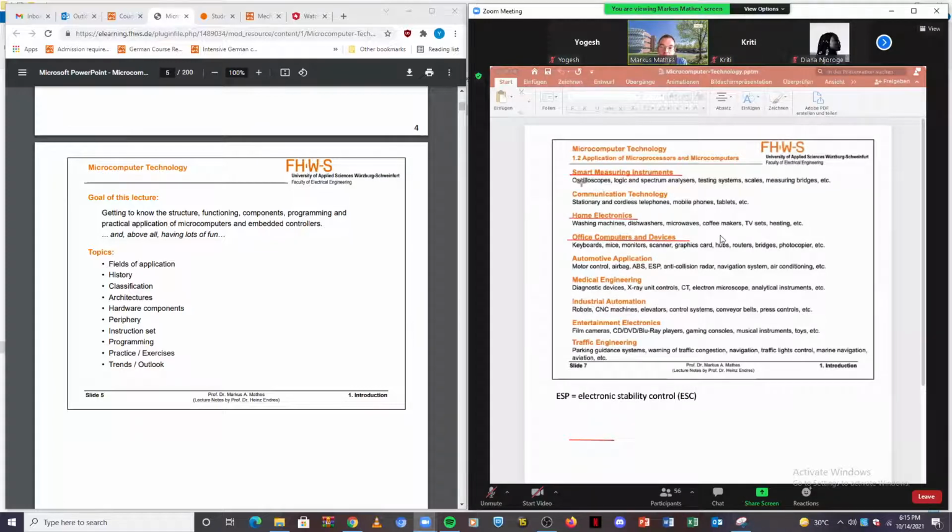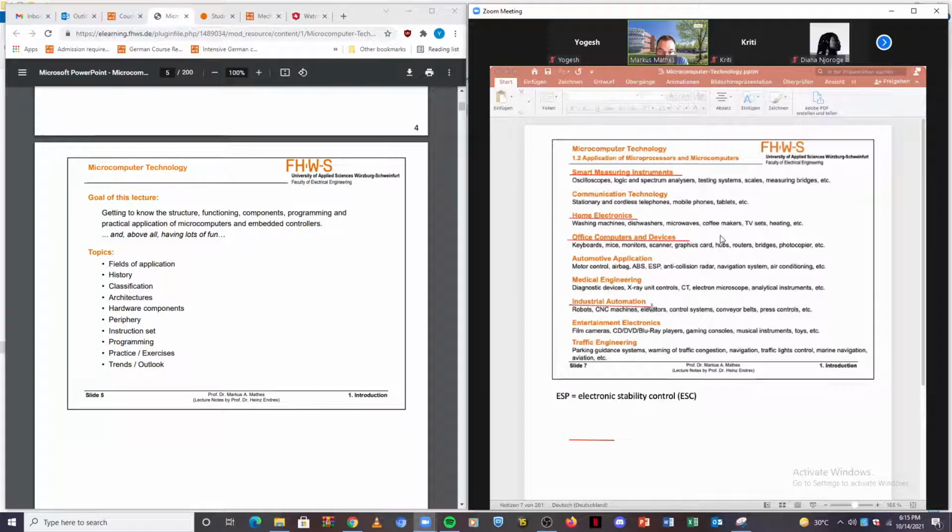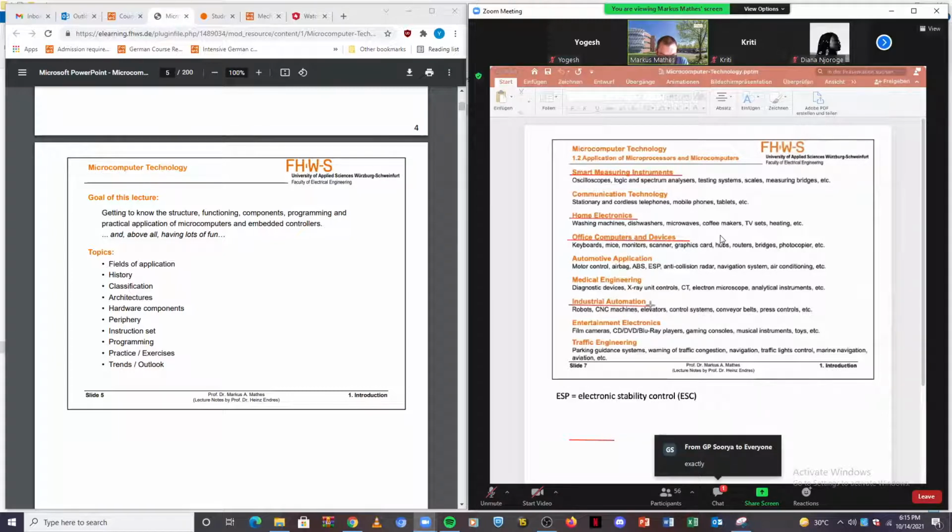For example, there is also industrial automation or automation of buildings. Here in Germany at the moment, it's very fashionable to enhance your home, to implement a smart home, and you put microprocessors in the light switches, in the doorbell, everywhere.